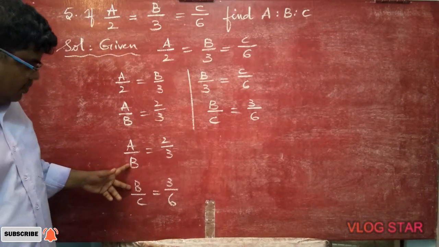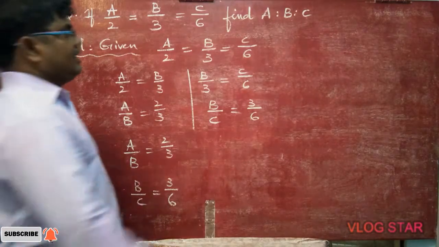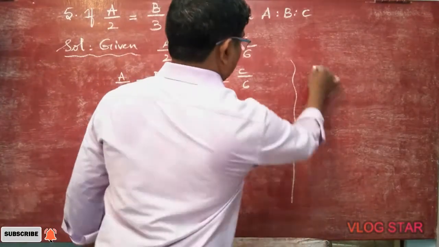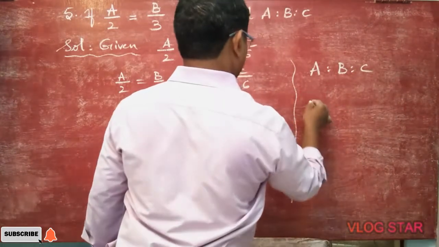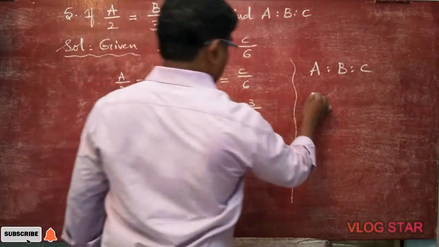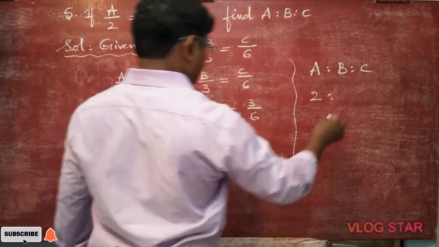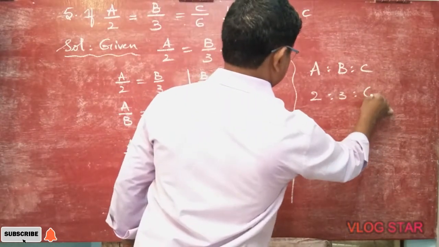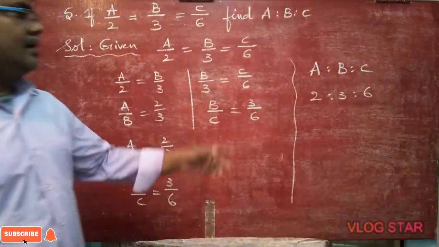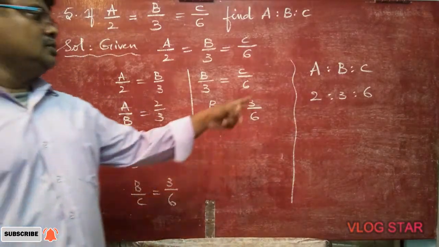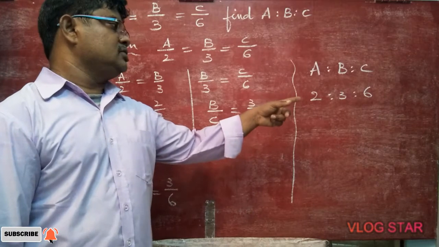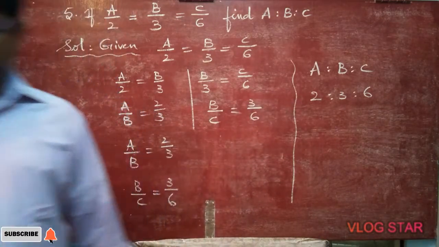Unfortunately, the values of both B's are the same here. So it is very easy. They told to find A is to B is to C. So what is the answer? 2 is to 3 is to 6. Is there any common table to cancel? No. So the answer is 2 is to 3 is to 6.